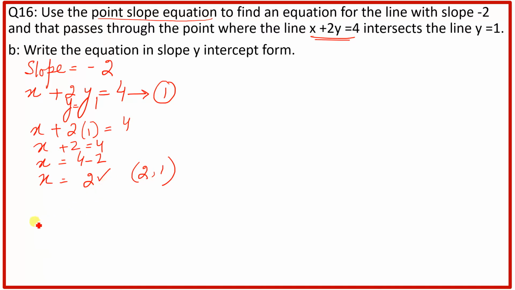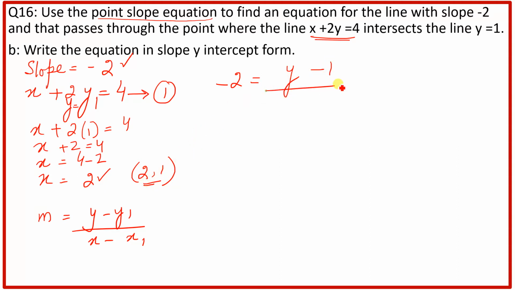Now we will use the point slope equation. m is equal to y minus y1 divided by x minus x1. The slope is given, which is negative 2, and we will use this point, so it will be y minus 1 and x minus 2.